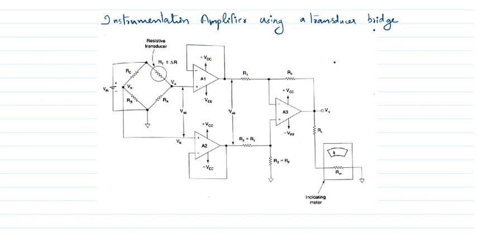RT is the transducer resistance, or resistive transducer, as we usually call it. Usually we put a thermistor or photocell-like component here.